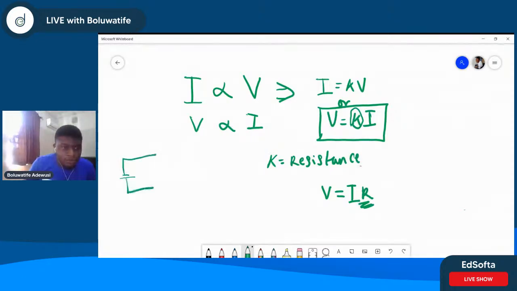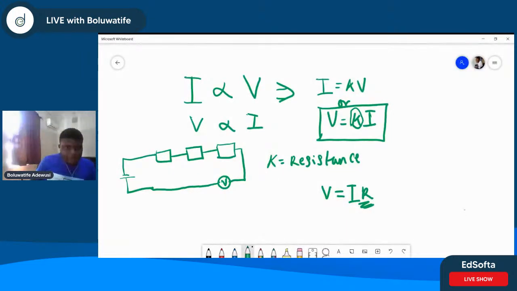It is connected to resistor 2, connected to resistor 3. Then I can have my voltmeter here to measure the amount of voltage. So this is a circuit, right? This is my resistor: this is R1, R2, and R3.